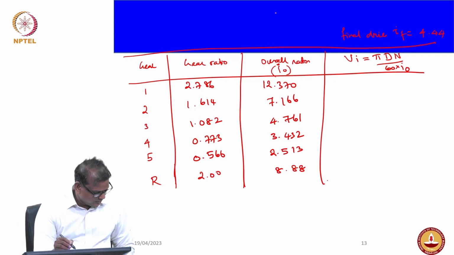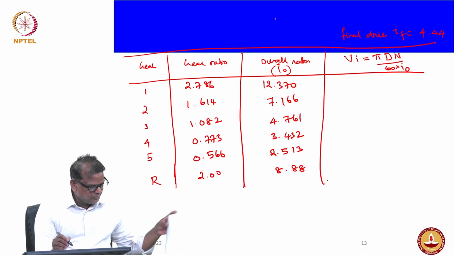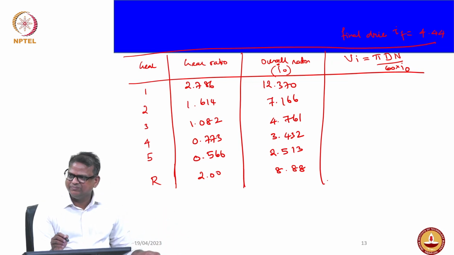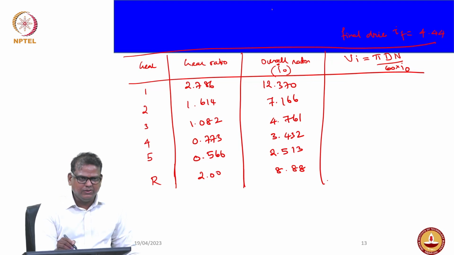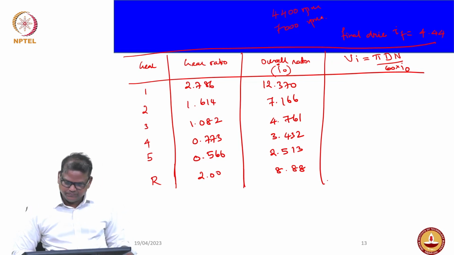So what is the engine speed you are going to use, 4400 rpm or 7000 rpm? That is the question.